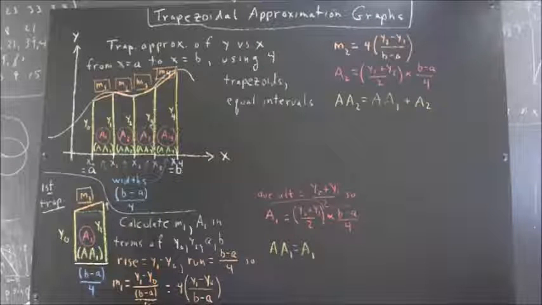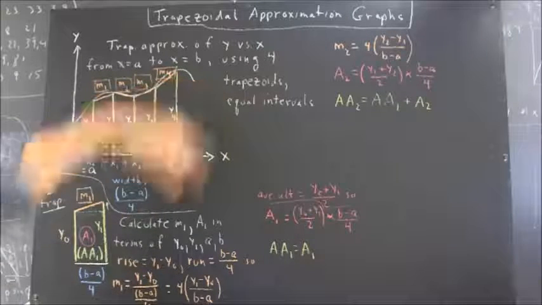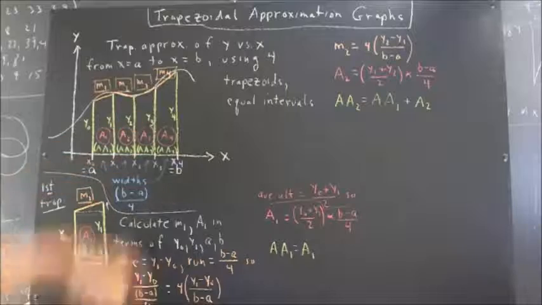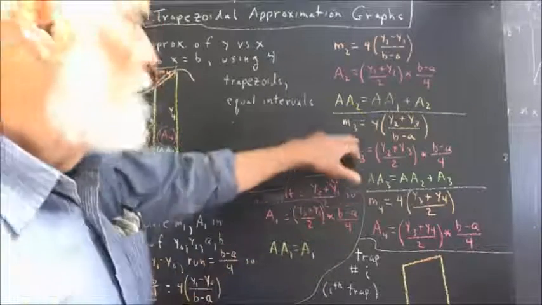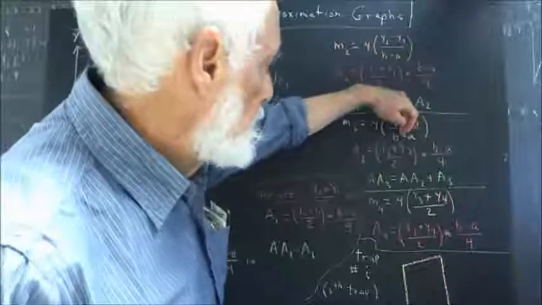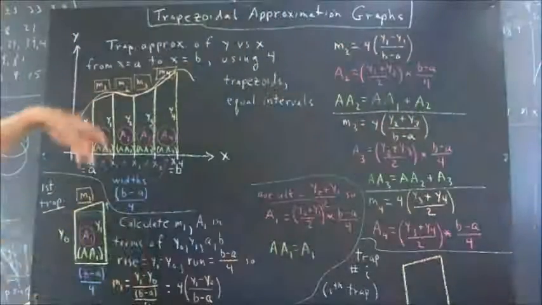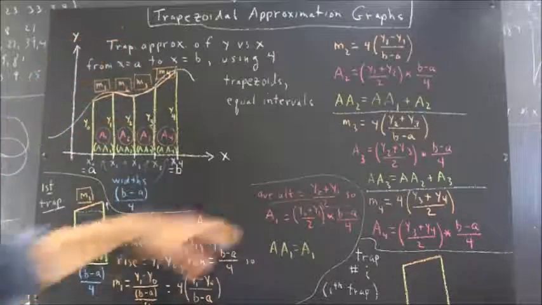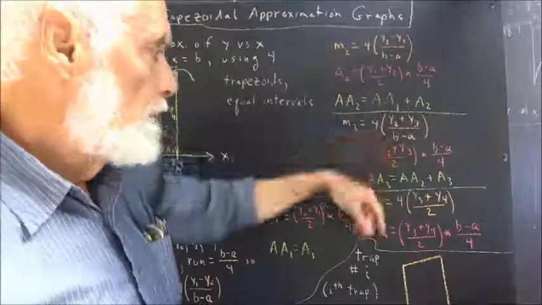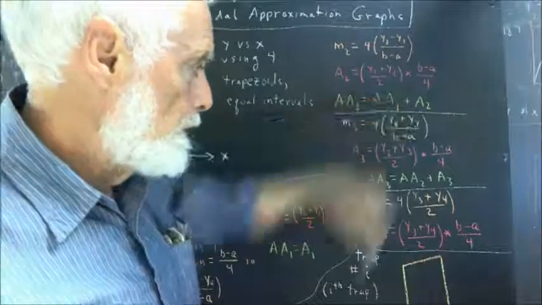Now, let's go on and see if you can write down the expressions for the third and fourth trapezoid. It should be very straightforward to see that M3 is y3 minus y2 over b minus a over 4. This third trapezoid involves y2 and y3, so any place we had y1 and y2 in the second trapezoid, we'll have y2 and y3 here.